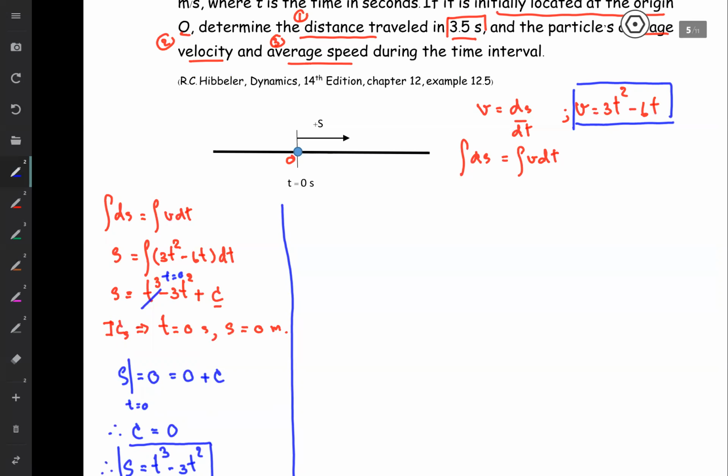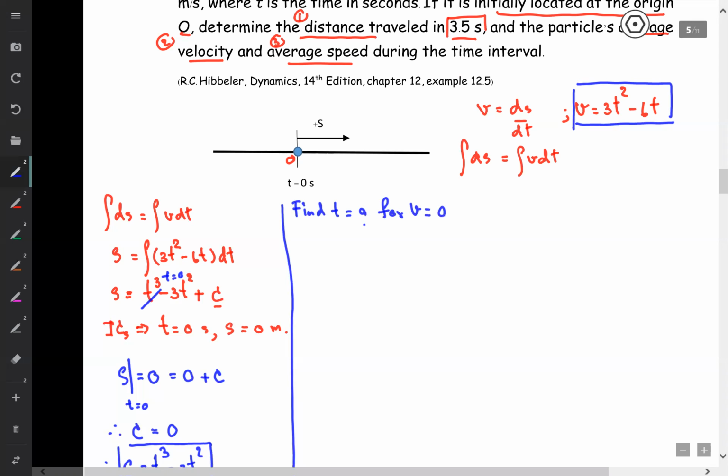We should find the time at which the velocity is equal to zero. So if we set velocity equal to zero, we solve this equation.